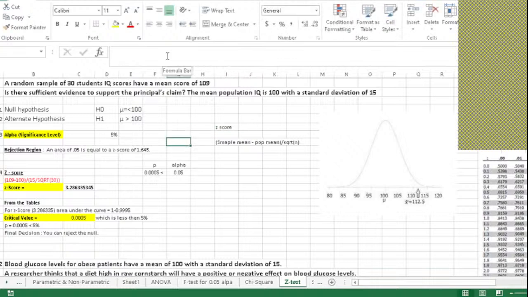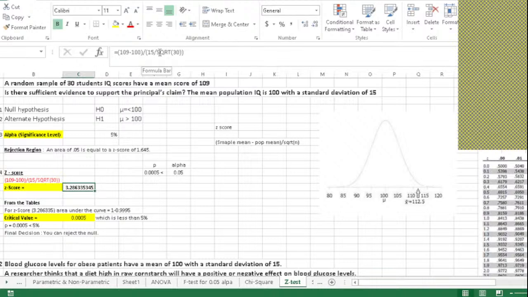Now we calculate the Z score for this, and then we look at this Z score in the 5% significance level table. This is the calculation of Z score: 109 minus 100 upon square root of 30, and this comes out to be, what is this? 15.